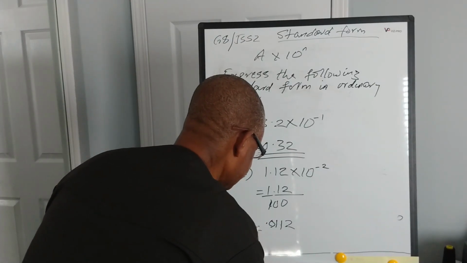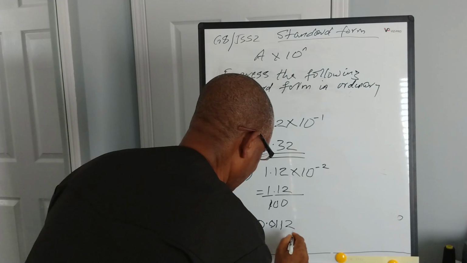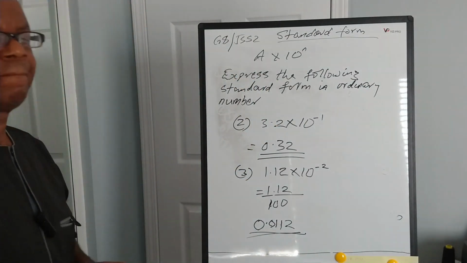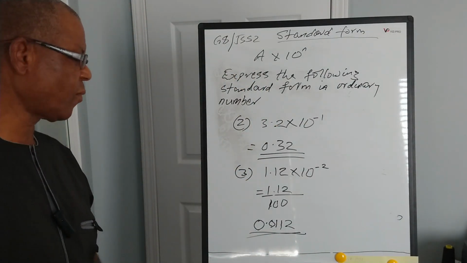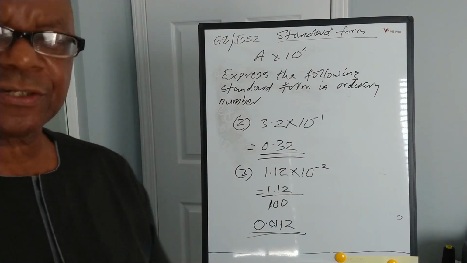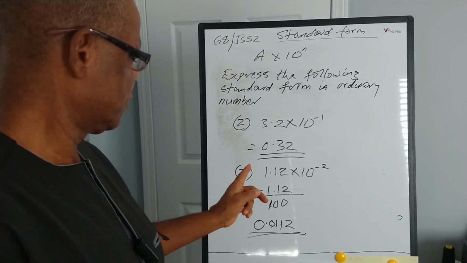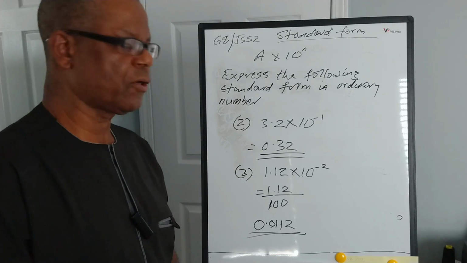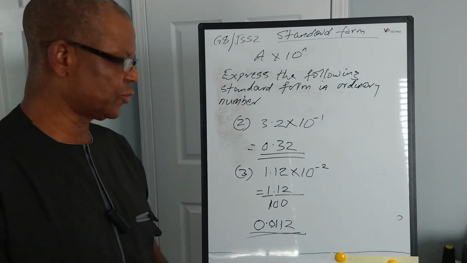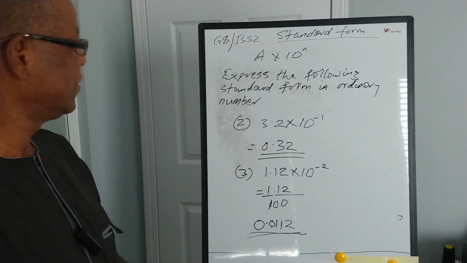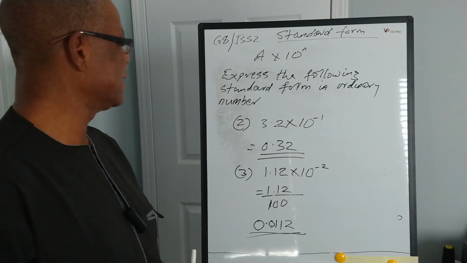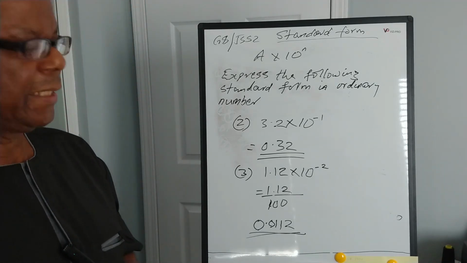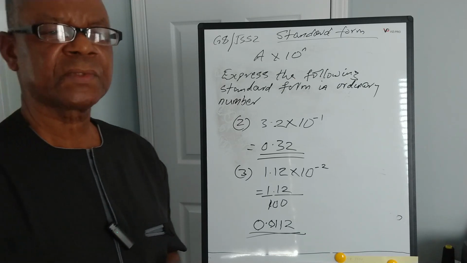We close it by this 0.1, 0. So we have expressed 1.12 times 10 raised to the power minus 2 as an ordinary number, which has given us 0.0112. That is for expressing the given standard form in ordinary form.